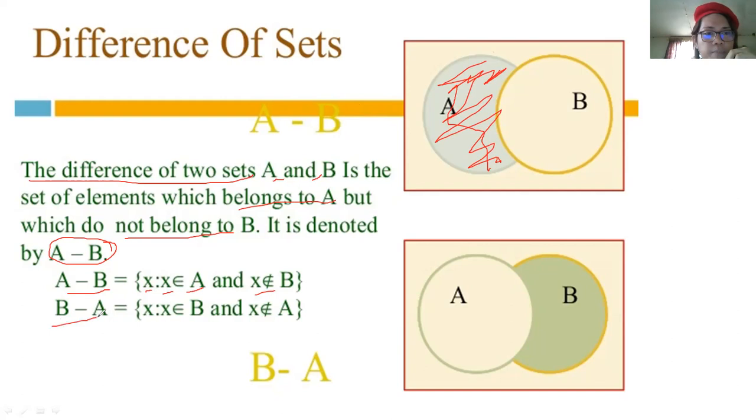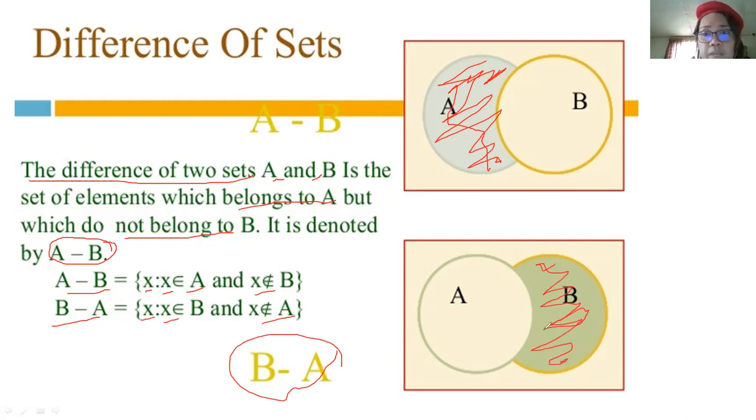Another thing, B minus A is the opposite. X such that X is an element of B and X is not an element of A. So B minus A can be represented in this way. The shaded part here, since we interchange them, is in B itself.